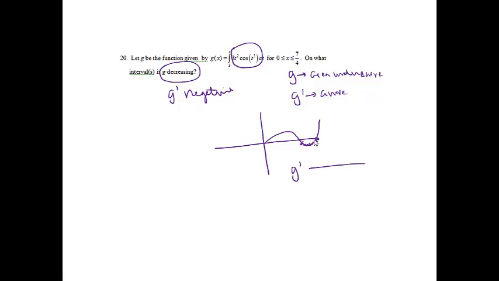If I did the 0 feature, it's 0 at 1.162 and 1.677. g prime is above the x-axis before that, below, and then above. And so if I'm looking for where g prime is negative, it would be in this spot right here. So on what interval? It would be from 1.162 to 1.677. And there we go.